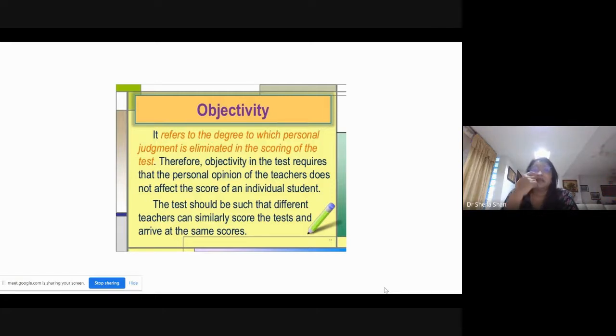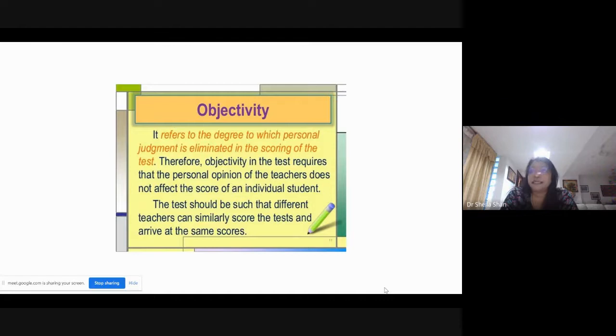When we are doing research, definitely there will be a tendency to be biased, because we are always thinking about how to improve, how to make our research successful. So the bias will be there. So for that, the test should be such that different teachers can similarly score the test and arrive at the same score, especially for qualitative research.